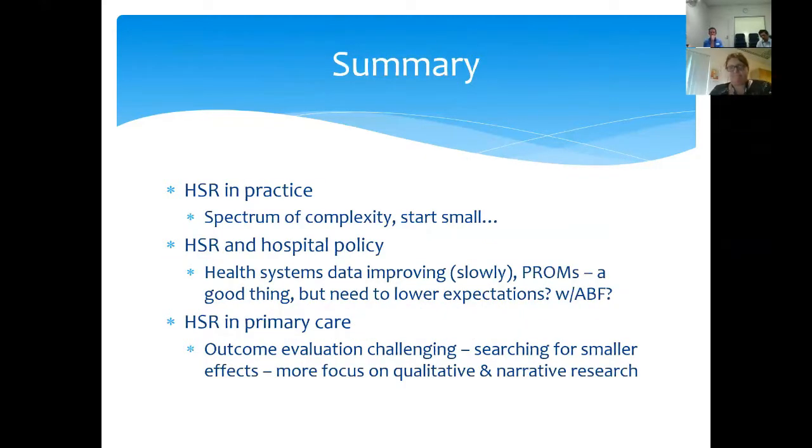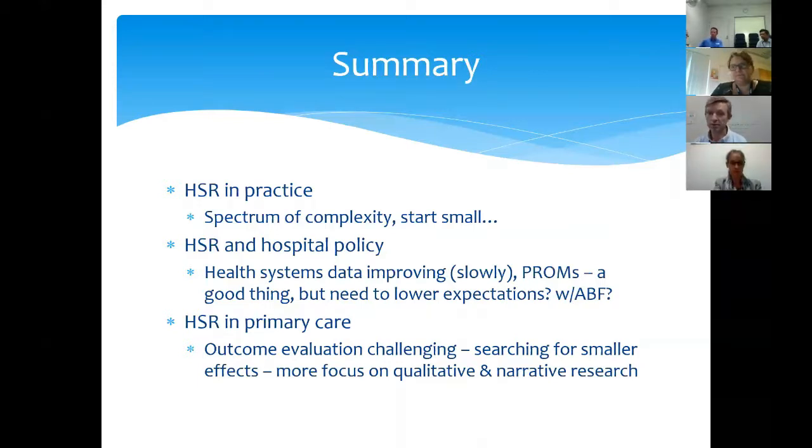Thanks, Suzanne, and thanks everyone for your session. So I've just put one summary slide together just to try and bring all of what we've talked about together. Thinking back to Catherine's presentation, it's a really nice illustration of the spectrum of complexity that clinicians and health services researchers can go to in terms of using health services research in practice.